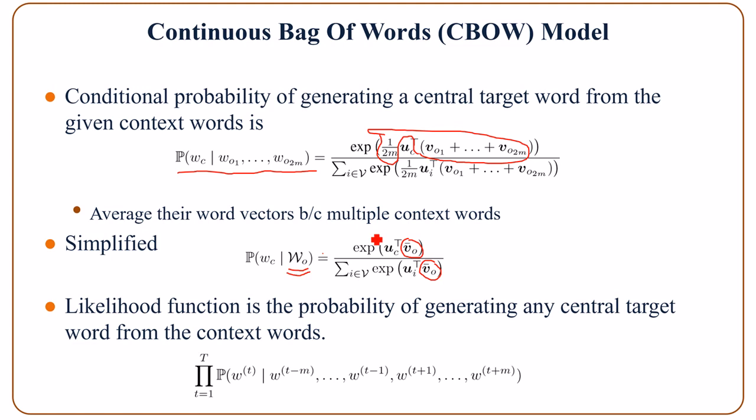The likelihood function is the probability of generating any central target word from the context words. We consider each of the words in the text sequence as the central target word. So we have to put the probability together in the product for t equal to 1 up to the length of the sequence.